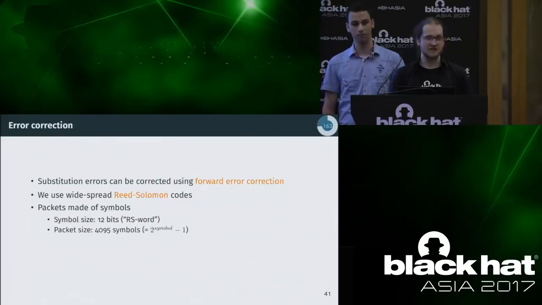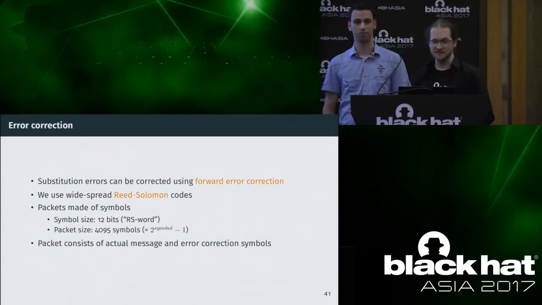With that, due to how Reed-Solomon codes work, the packet size is given. The packet size can be calculated by 2 to the power of the symbol size minus 1, which equals 4095 symbols. Also, something that is nice when dealing with Reed-Solomon codes: the packet, when encoded, consists of the actual message followed by the error correction symbols.